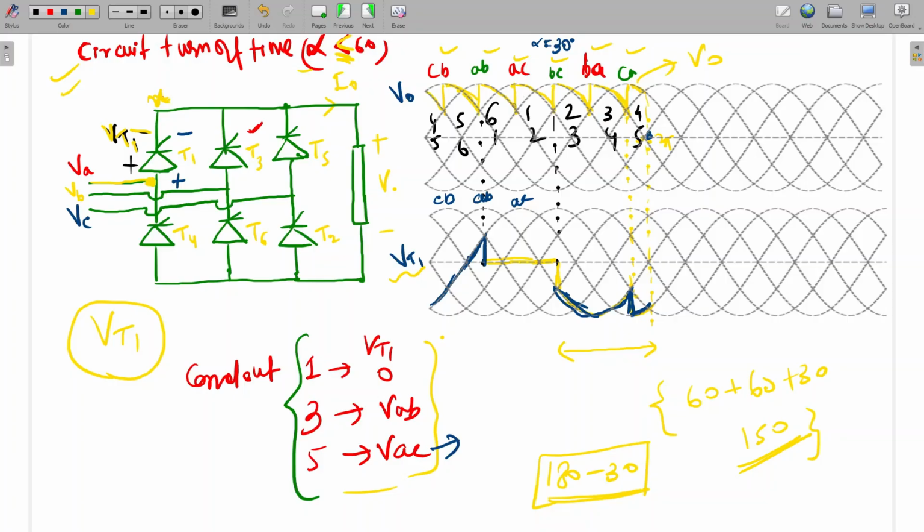See, the first one is AB. Then after 120 degrees, this is BC. Again after 120 degrees, CA. Is it clear?